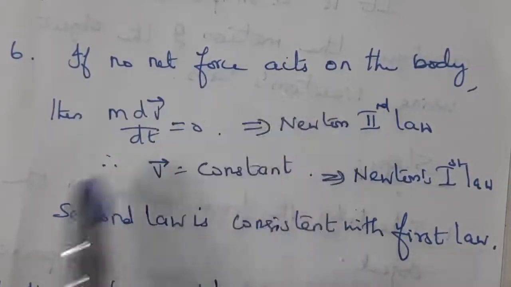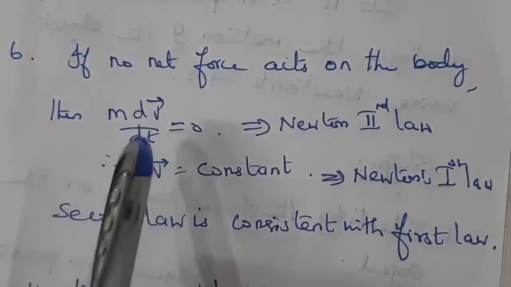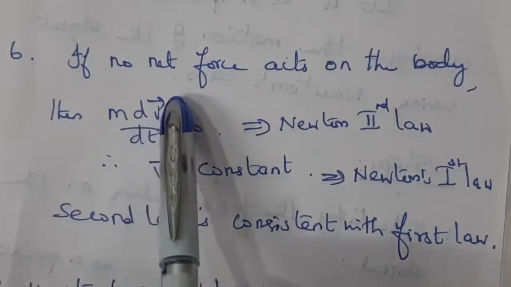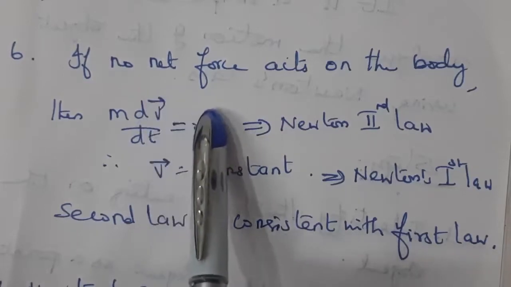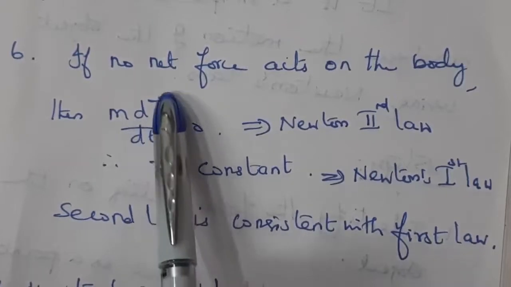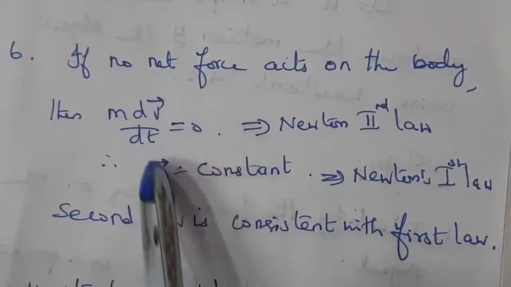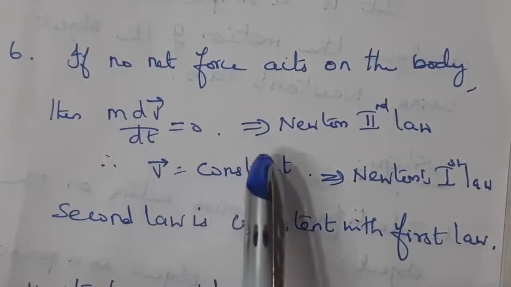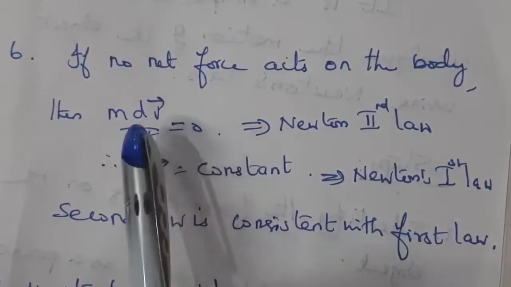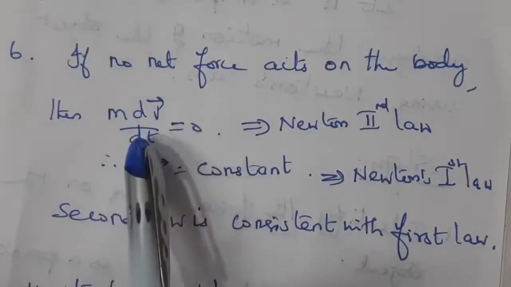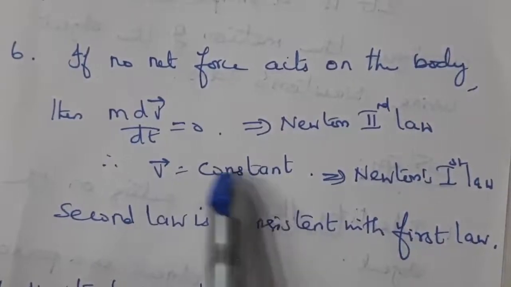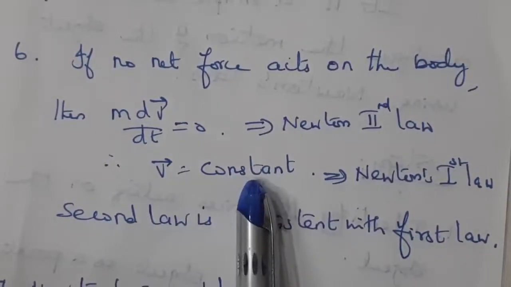Whenever the differentiation of a quantity is equal to 0, that quantity is considered as constant, or else when we differentiate a constant, we get 0. Accordingly, m dv vector by dt equal to 0 means v vector is equal to constant.